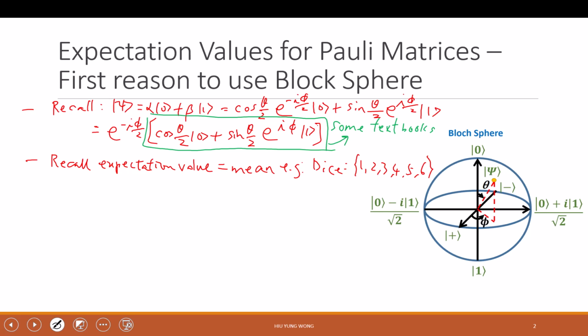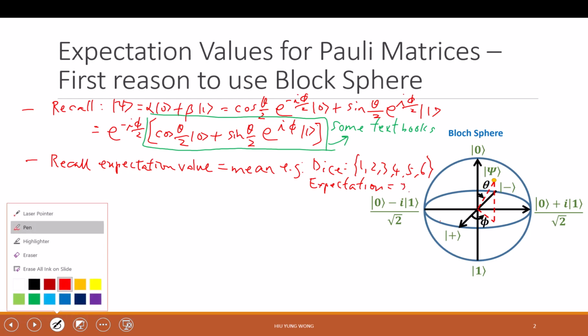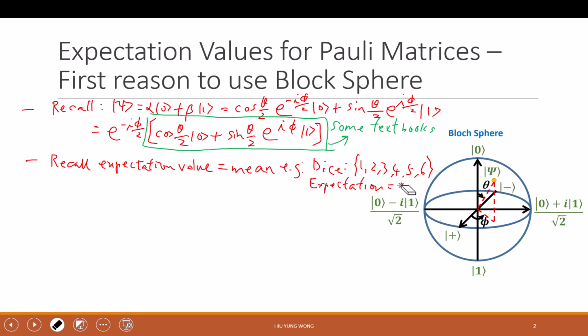So what is the expectation value when you toss a die? Thank you. It's 3.5, right? So expectation value is just the average. It doesn't need to be one of the possible outcomes. That's 3.5, right? Very, very simple. I just want to remind you.